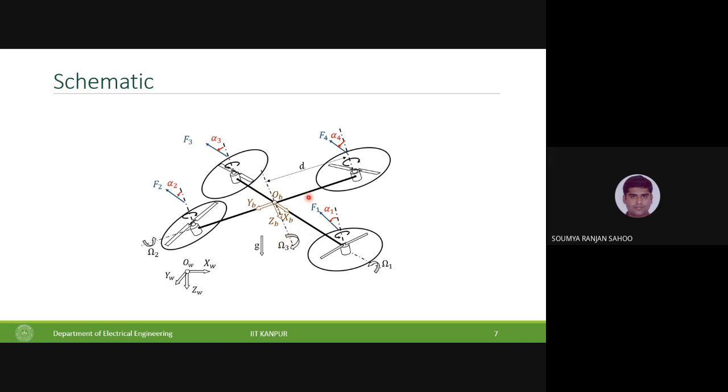Having components of the forces in the horizontal plane allows us to have motion of this quad in the horizontal plane without tilting the entire quad rotor. You just have to tilt your propellers so that you generate a component of force in the horizontal plane, and because of this component you can have motions in the horizontal direction. And if you want motions in the vertical direction, you can.